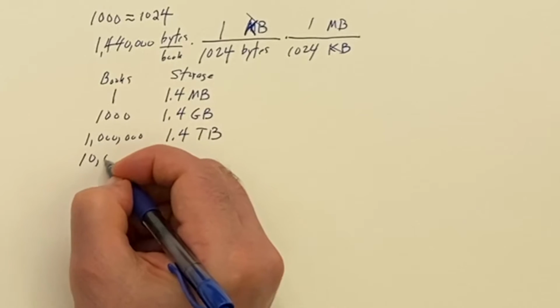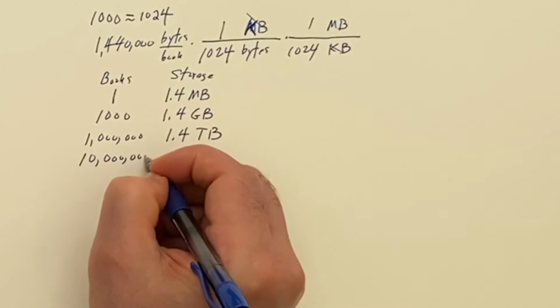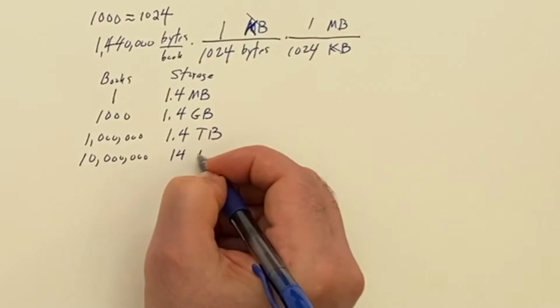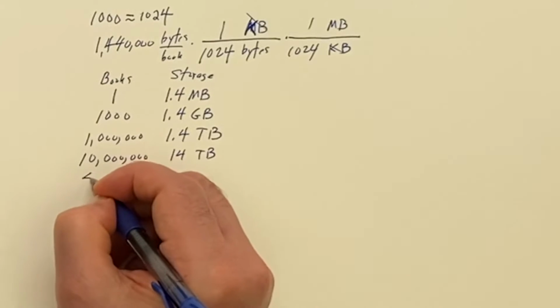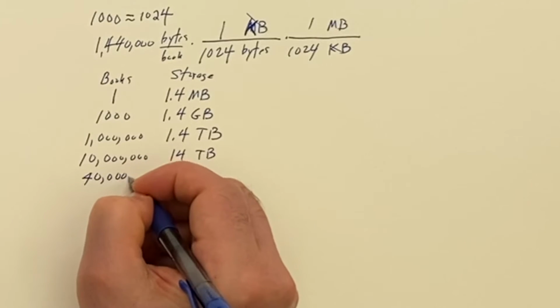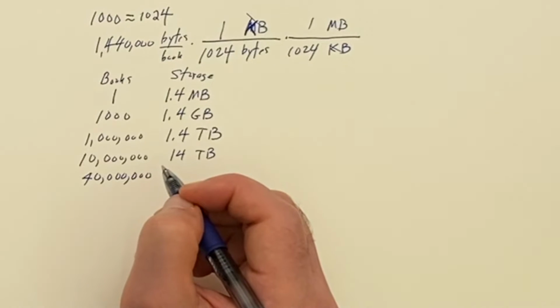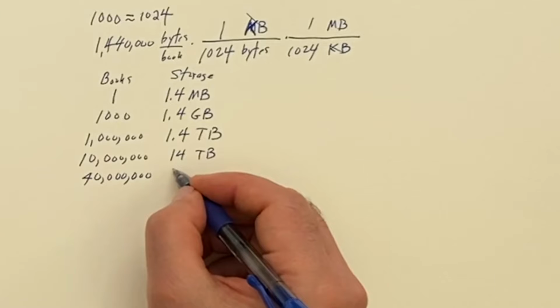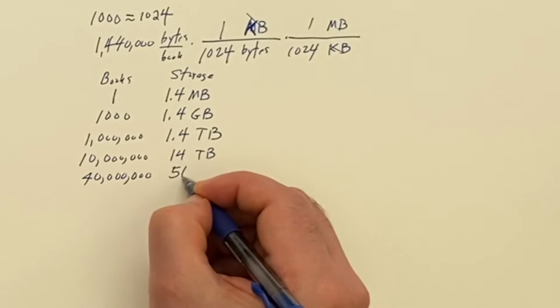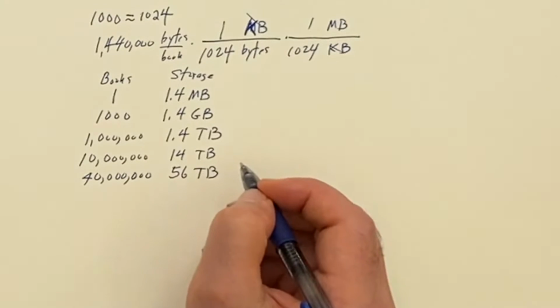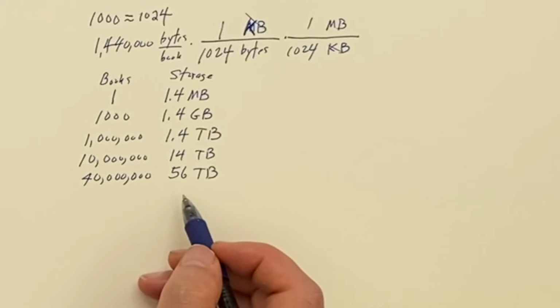And then 10 million books, 14 terabytes. And I want to go for 40 million because that's what the Library of Congress has, about 40 million books. So if you multiply by 4, you get 56 terabytes. Man, look at that.